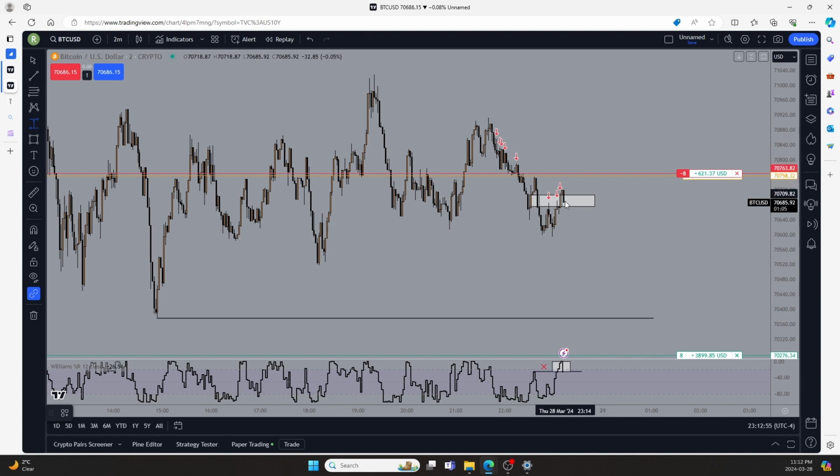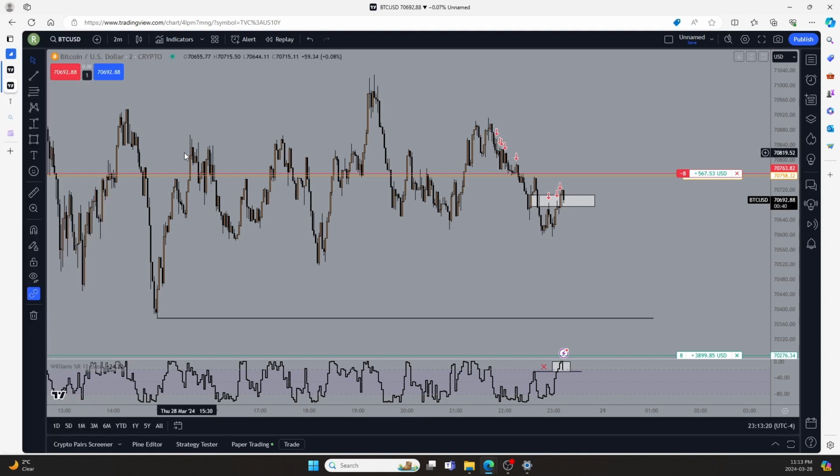So that's why I'm saying that we need to get back below here very, very quickly for us still to be on the right side, right? We don't want to see this wick out and then close back above this range. We want to see price begin to close back below this range.